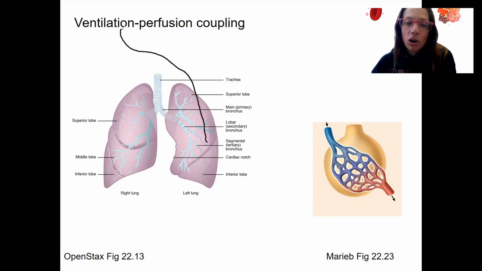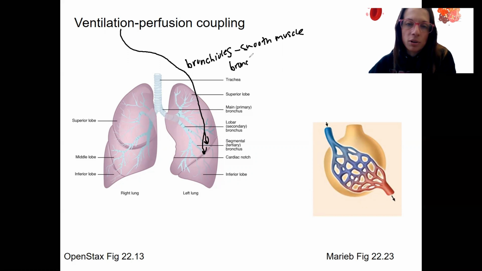Remember that the bronchioles, which are right around here, are little bronchi. They're smaller than bronchi. That hyaline cartilage has kind of petered out, and now we have smooth muscle surrounding those. That smooth muscle can constrict or dilate.